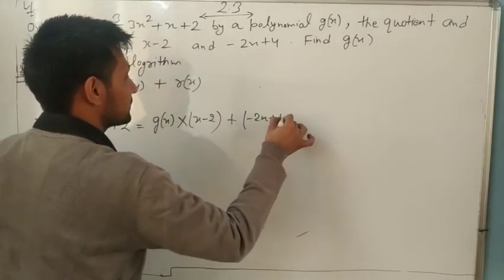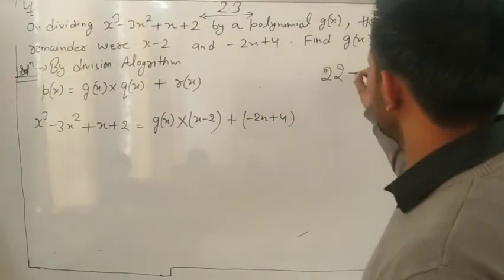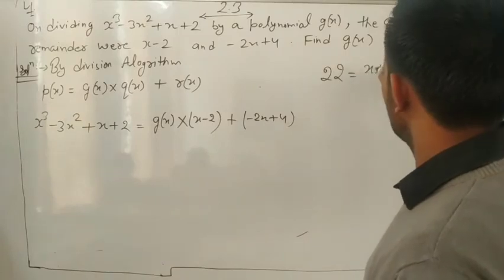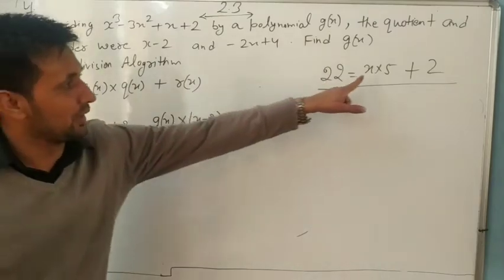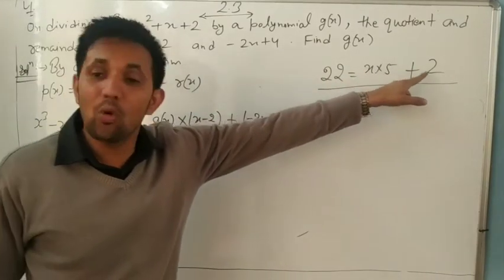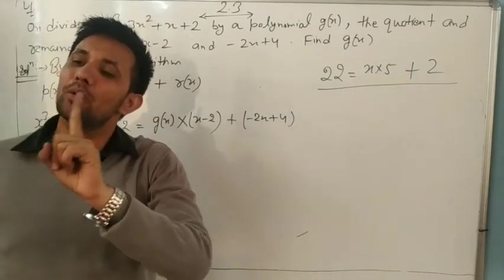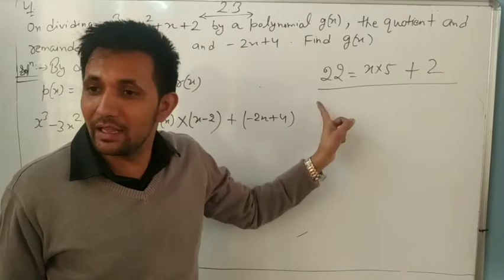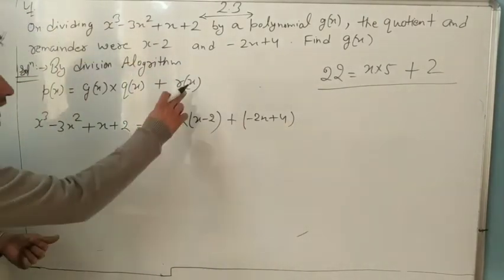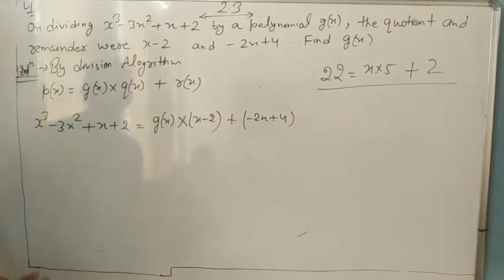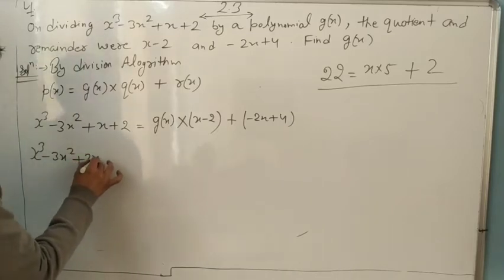Minus 2x plus 4. In the previous question we did 22 equals x into 5 plus 2. If you want to find the value of g(x), we should remove all the terms except it. So first we always move the positive and negative terms to the other side. Here r(x) is positive, so it goes to the other side as negative. Very good: x cube minus 3x square plus 2x plus 2.